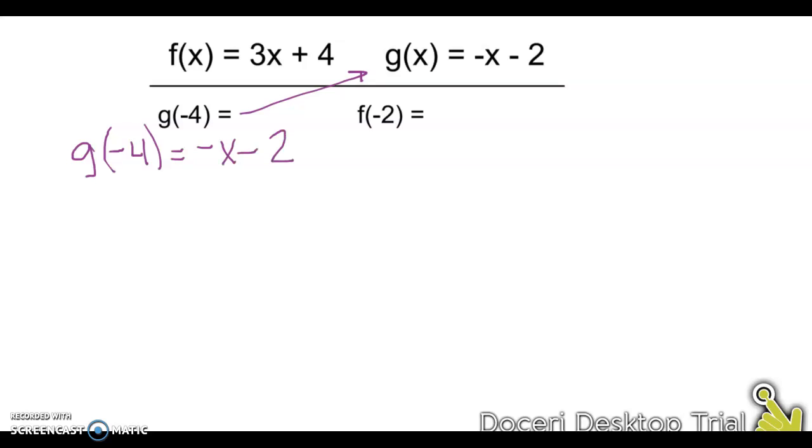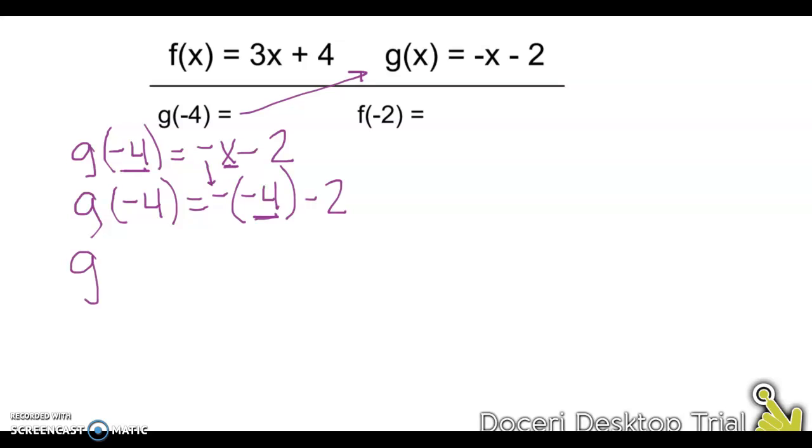So that just tells us that we're going to input negative 4 where we see x. g of negative 4 is equal to negative 4 minus 2. Notice I had to put that in for the x. And I kept this negative out here because I'm not changing the function. So g of negative 4 is equal to 4 minus 2.